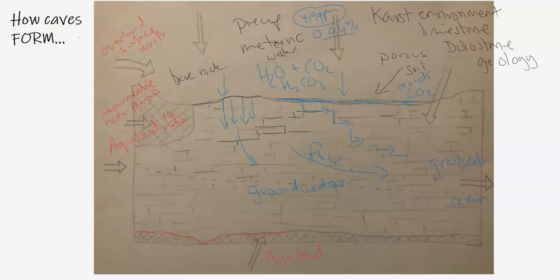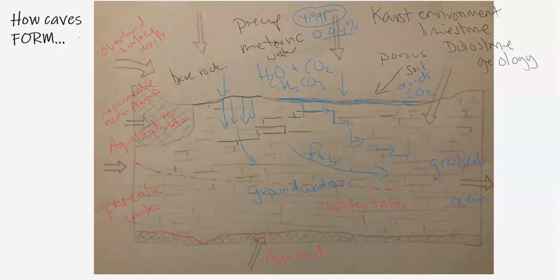So there are two main terms we're going to discuss for caves in a subterranean environment, and this is phreatic, which means that the cave system is underwater. Now right here, this dashed line going horizontally across the diagram, this is our water table.